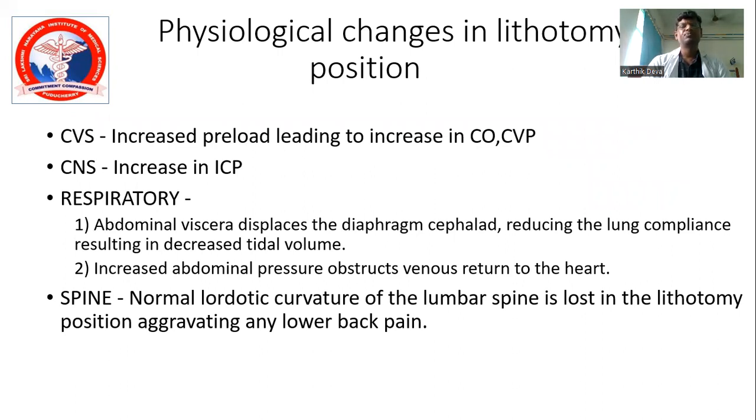On the respiratory system, because the legs are raised, abdominal viscera displace the diaphragm towards the chest, thereby reducing lung compliance and resulting in decreased tidal volume. Increased abdominal pressure obstructs venous return to the heart.